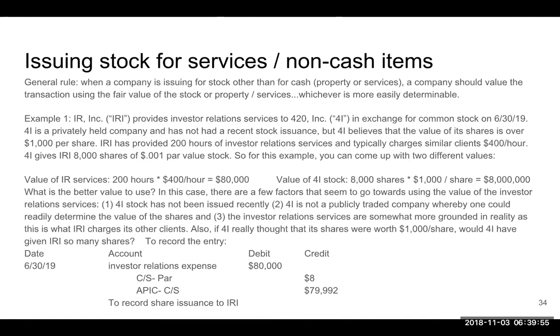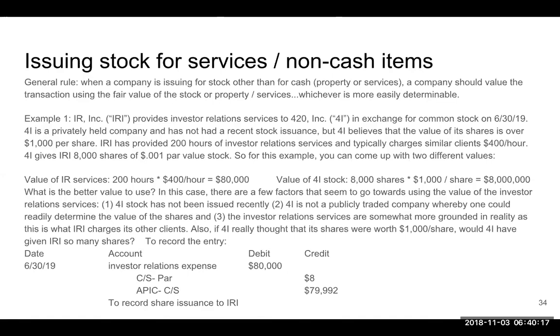So there are really two different ways we can value this transaction. Remember, we're not receiving cash. Instead, we're getting services. So we need to compare the value of the stock to the value of the services, and see which one is best.